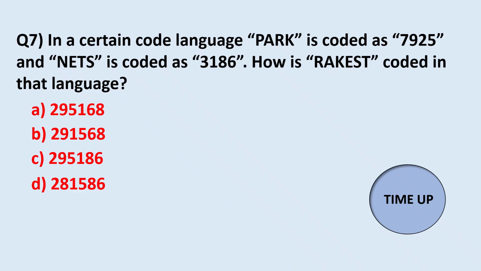So here, if you see, park is coded as 7, 9, 2, 5. But don't you think P's place value is 16? A's place value is 1. But they have coded P as 7, A as 9, R as 2, K as 5.